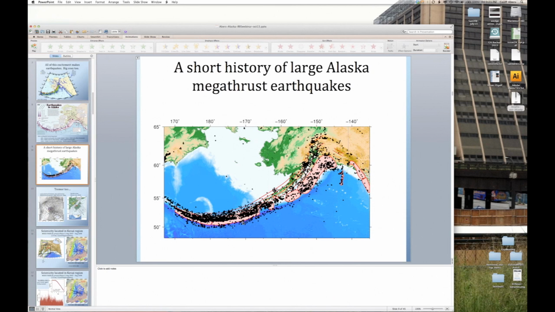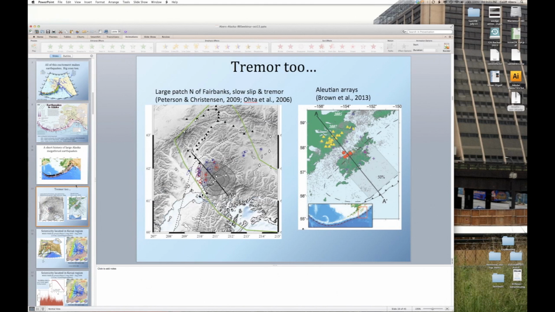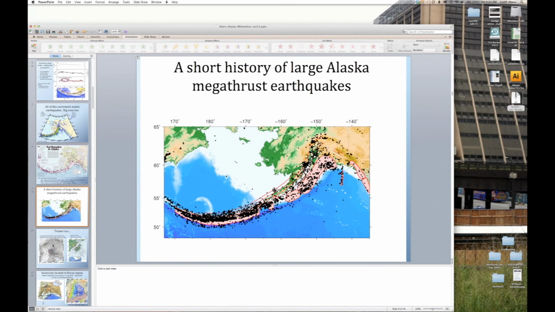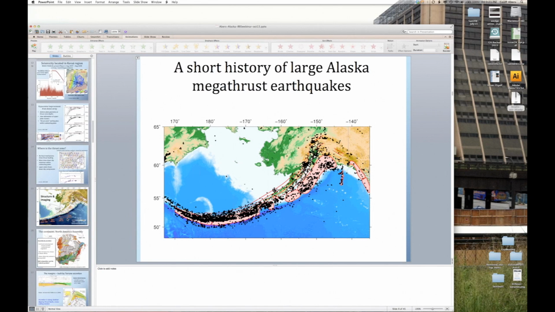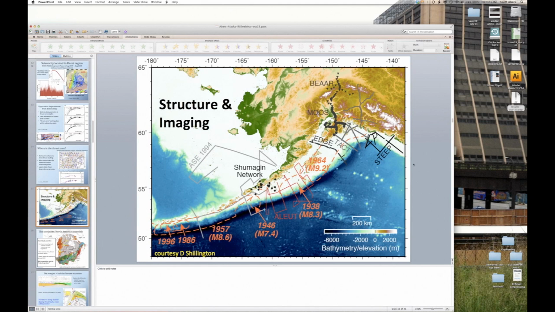Yeah, I mean, there's been some new work that suggests that. What you date and how you get there, of course, is a tricky thing, but the idea is that a lot of the high mountains that are in this corner have been driven by this Yakutat collision.